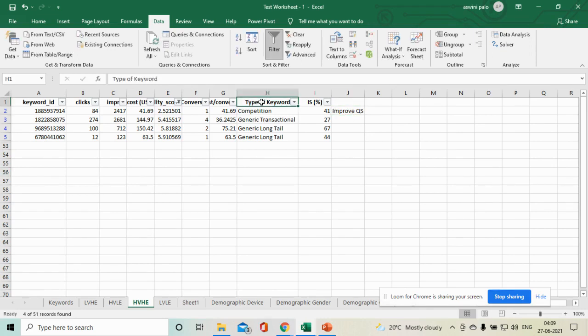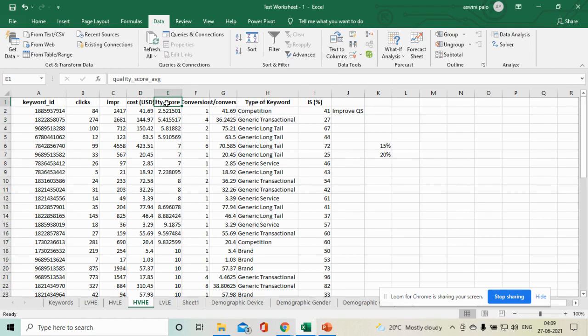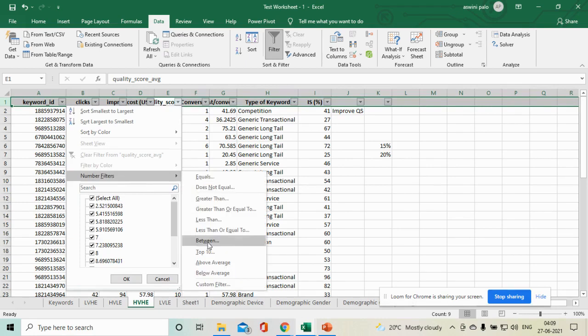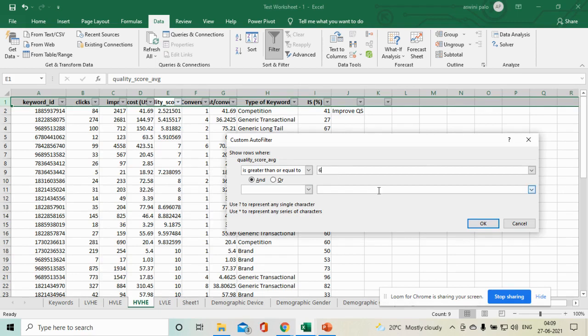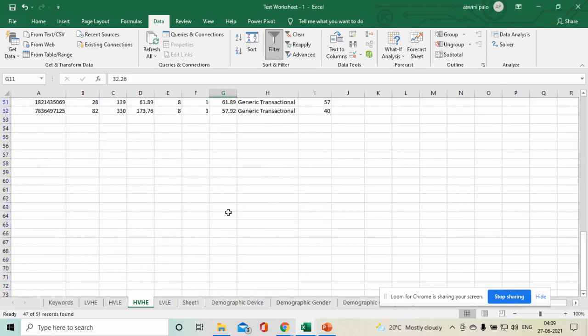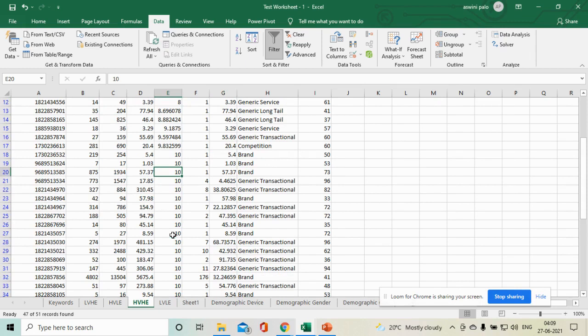Okay. Now for those where your quality score is high, try to improve those scores as well. For example, for filters, greater than or equal to 6. For them, look where all you can improve the quality score. Wherever it is 8, 9, it is good.